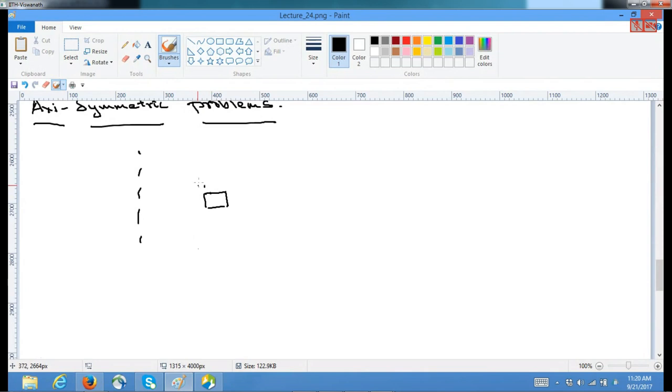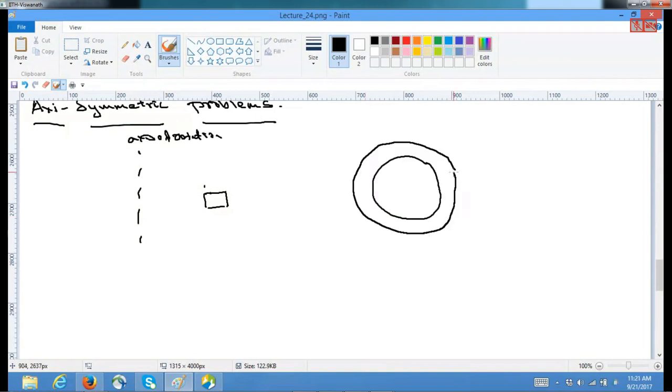And if this is the axis of rotation, then you would generate something like a small cylinder of depth, let's say, h. It would be something like this.